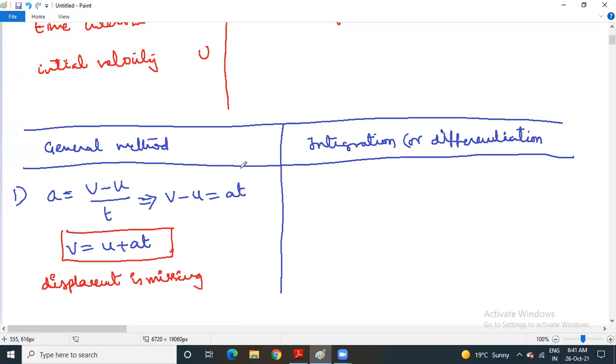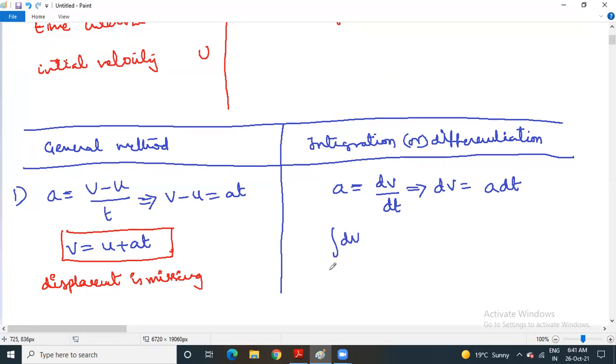Now let us try to derive the same equation making use of the integration method. Okay. So acceleration is equal to rate of change of velocity, you can write dv by dt. You can write this as dv is equal to a into dt. So go for the integration.